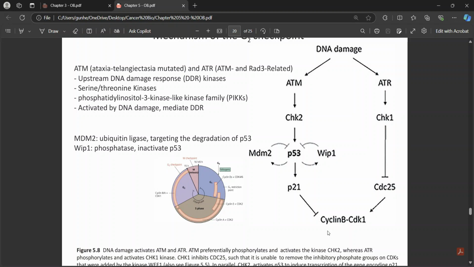P53, the transcription factor, depends on the state of the cell. You can either degrade it if the cells are okay, or P53 can force apoptosis.